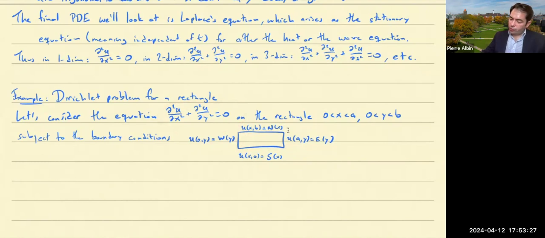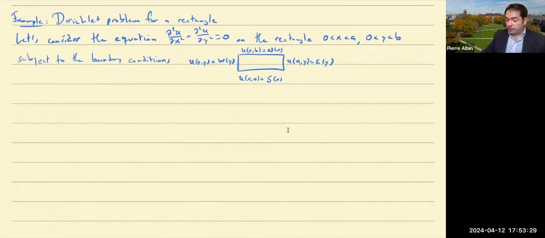Okay, so there's a trick to figuring this out, say on the rectangle. And that trick is to use the superposition principle.